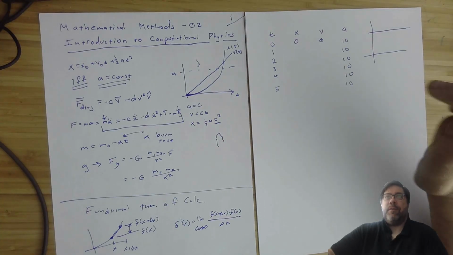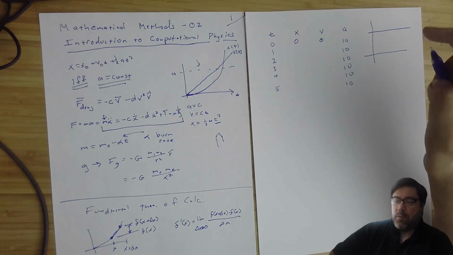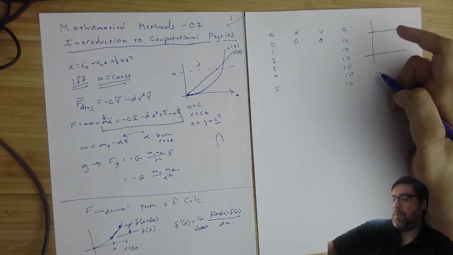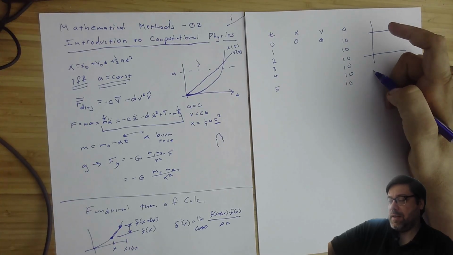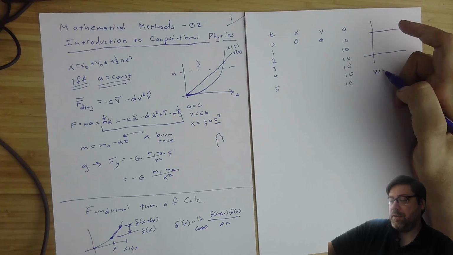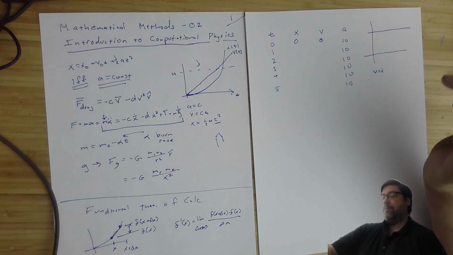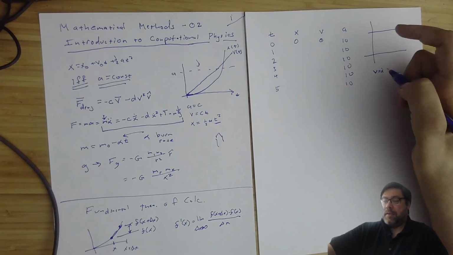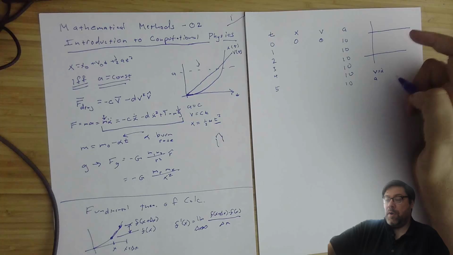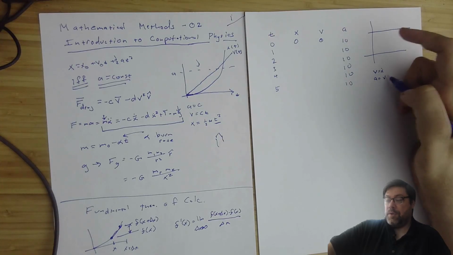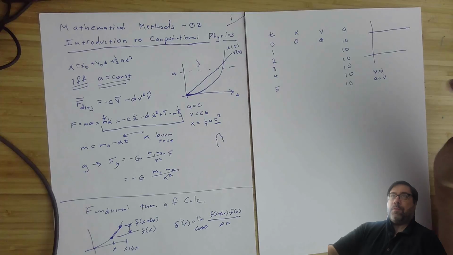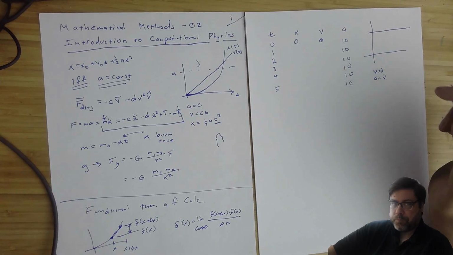What should the velocity after 1 second be? Well, we already know through the fundamental theorem of calculus that velocity is defined as the derivative of x, and we also know acceleration equals the derivative of v. We're going to use these two facts, okay?